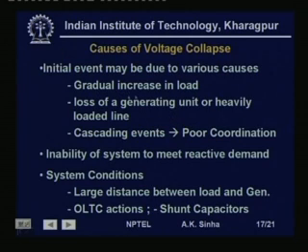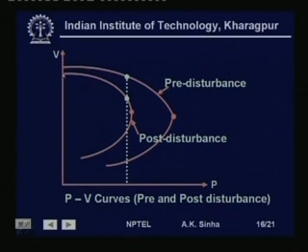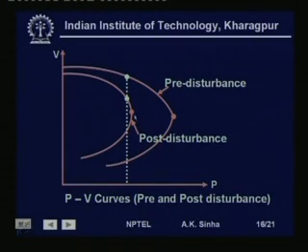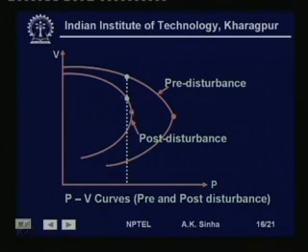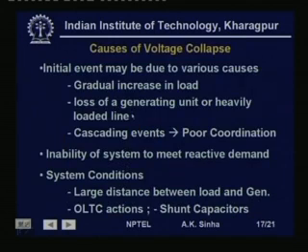Gradual increase in load, loss of a generating unit or heavily loaded line, as we have seen, because after the disturbance the PV curves may shift like this, and this reduces our stability margin, and therefore, this can lead to instability if we are working around this region, that is beyond this maximum Pmax point under the post contingency or the post disturbance condition.